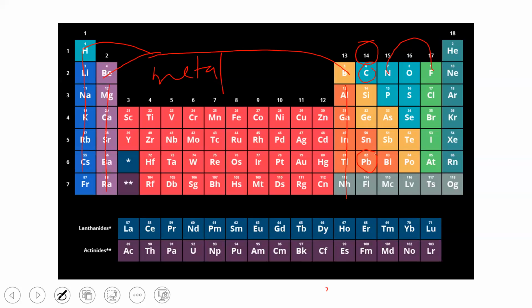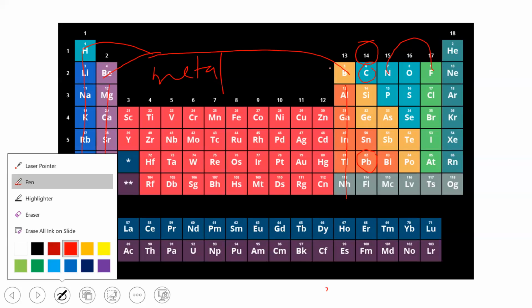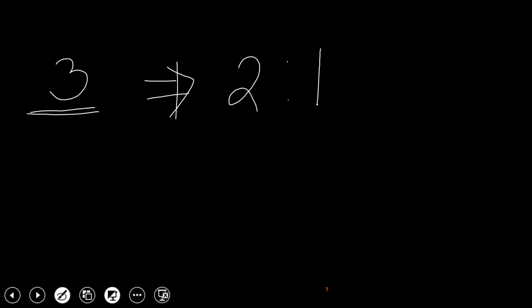Then I want to talk about the charge. For example, if an element has atomic number of 3, its electron configuration is going to be 2,1.